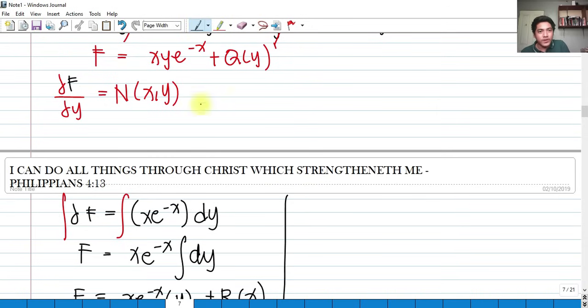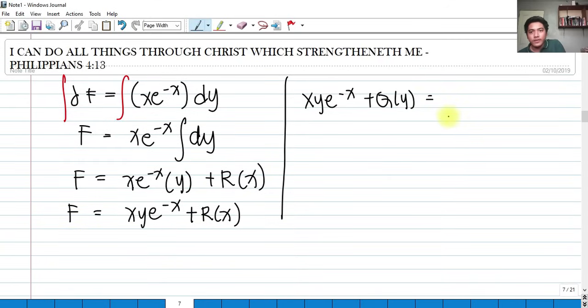I'm going to copy this first. x y e raised to negative x plus q of y, because I'm going to equate these two values of f in order for us to get the q of y and r of x. This is equal now to the other f, which is xy e raised to negative x plus r of x here. Okay?